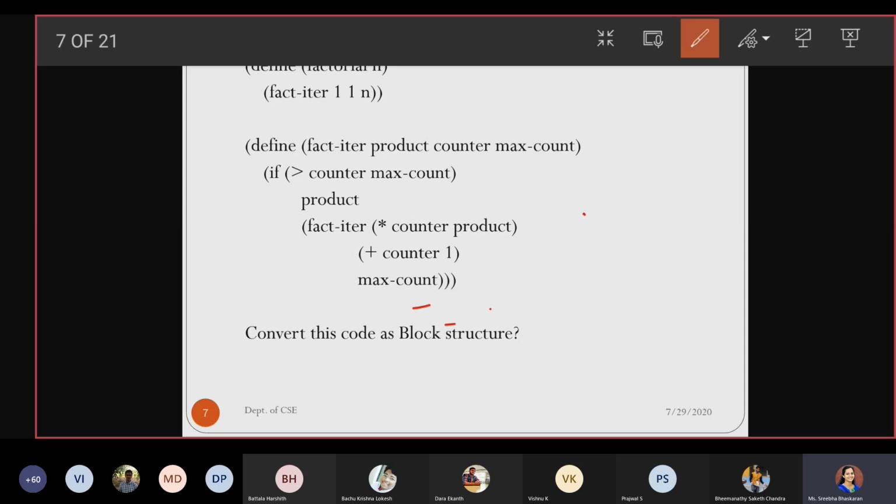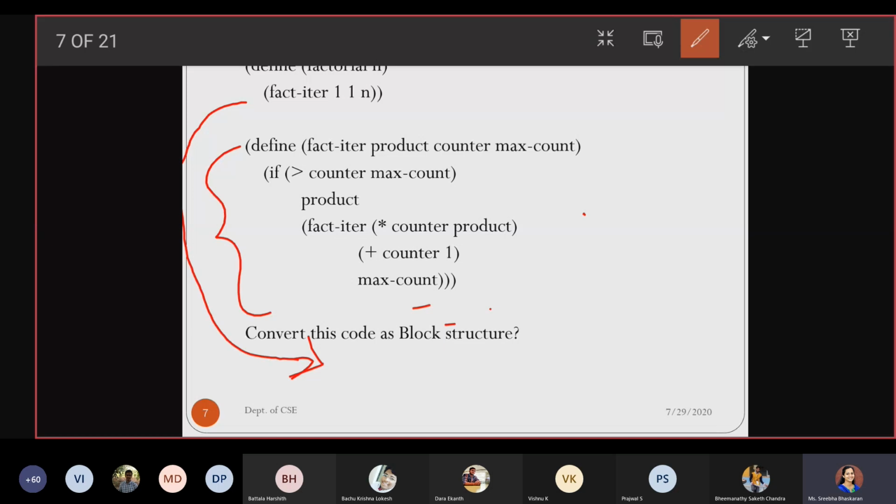For that, if you make this definition inside the factorial procedure itself, then you can make it a block structure. That is what we had done. That means this statement will come outside, and closing also will be done here outside this. Okay. So now what you are having is the factorial procedure. Inside the factorial procedure, you are having fact ITR.